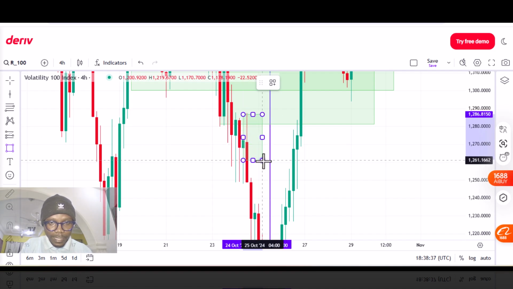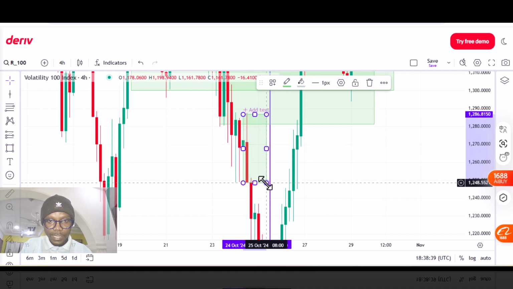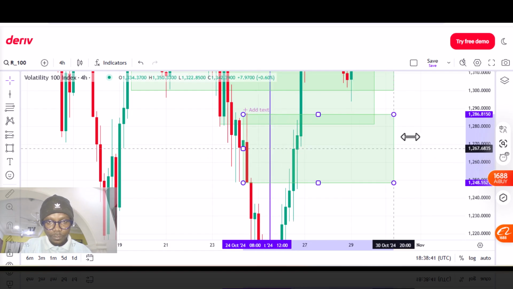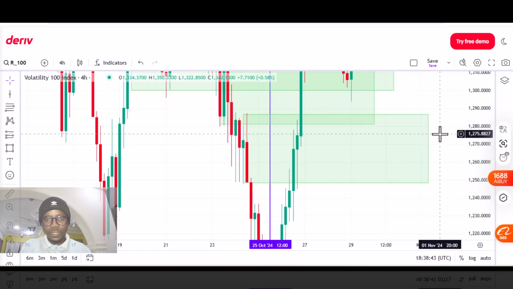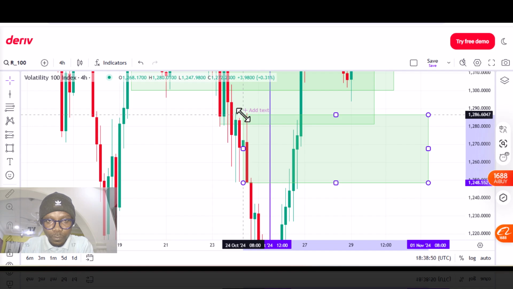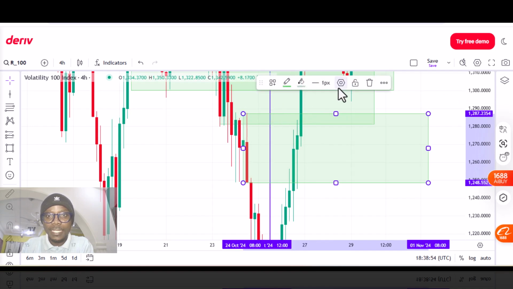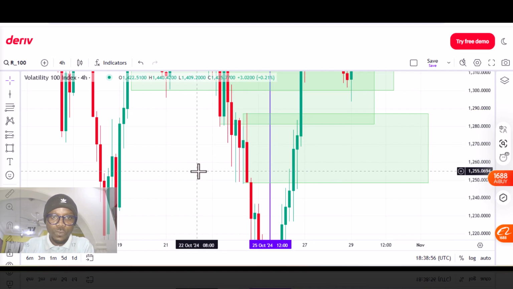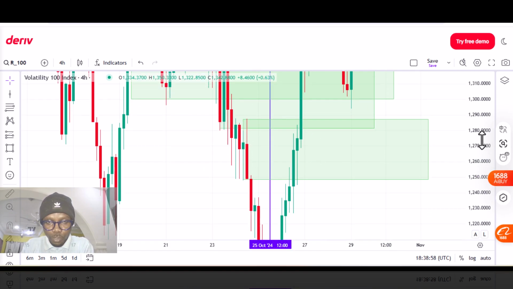It means that our second phase of accumulation happened right in here. From this low to this high gave us the second phase of accumulation. And as beautiful as that.